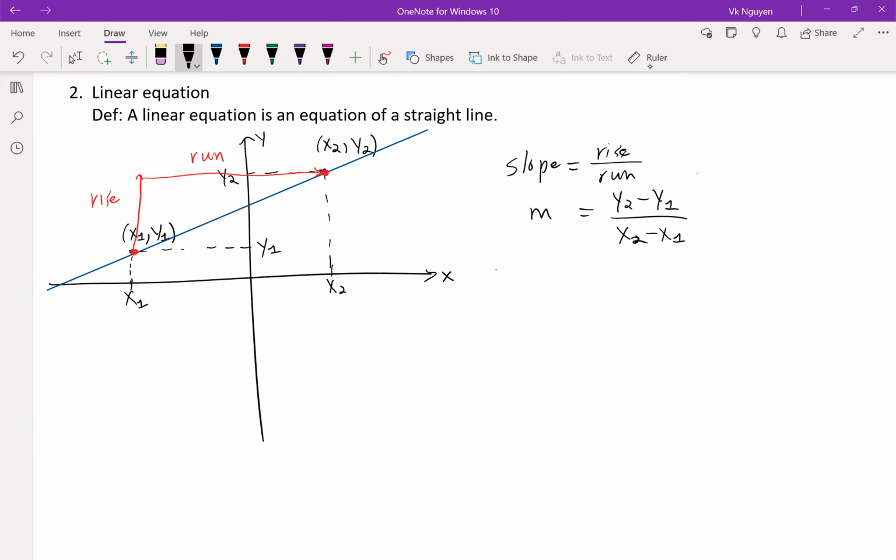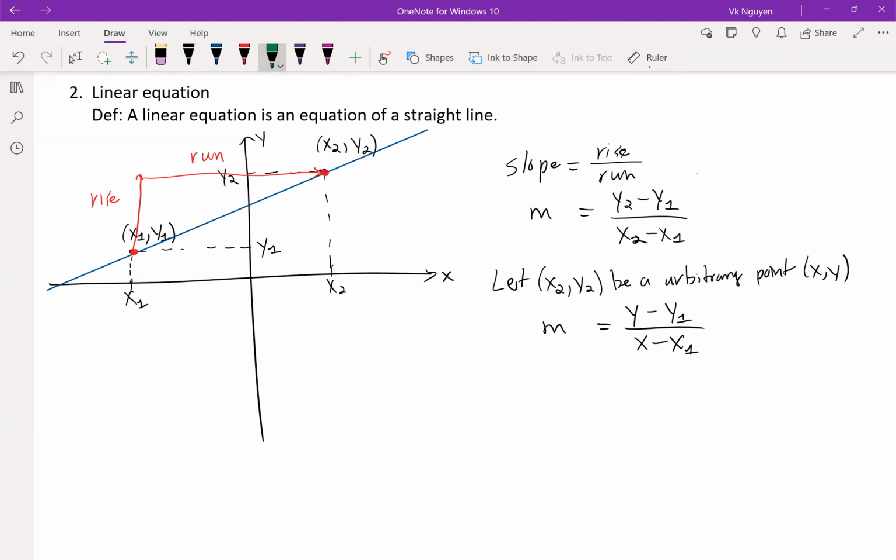Now we let the point x2, y2 be an arbitrary point x, y. So the slope is y minus y1 over x minus x1. We can multiply both sides by x minus x1.